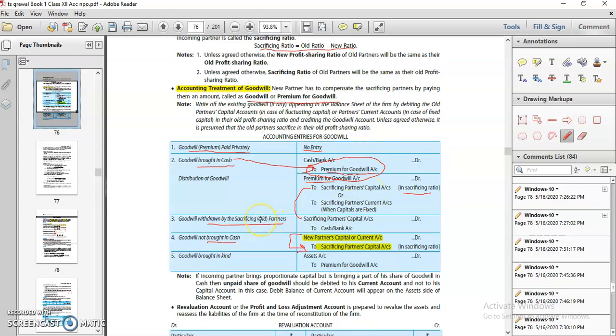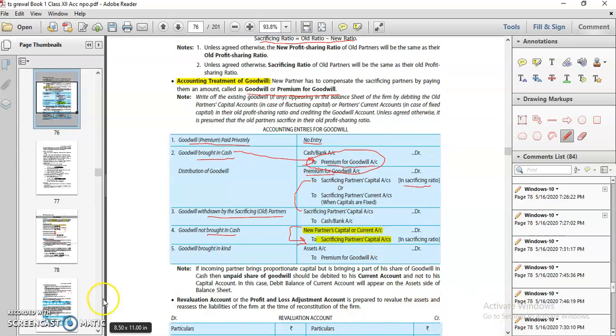If goodwill share which he brought in cash is drawn by old partners, the entry comes existing partners' capital account debit to cash or bank. If he doesn't bring goodwill in cash, then we have to adjust it from his current account or capital account, depending on the question, to the sacrificing partners' capital account.